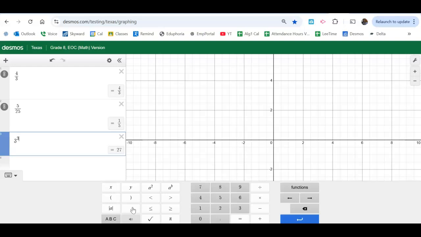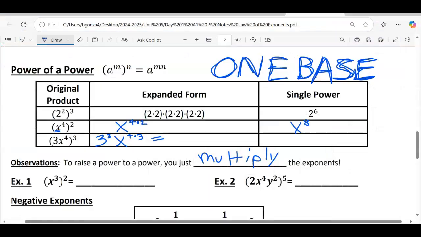Even to check yourself. So 3 cubed is 27, very good. So this is going to give me 27 for my coefficient. And then, again, 1 base, power to a power, multiply 4 times 3. That's going to be x to the 12, okay?